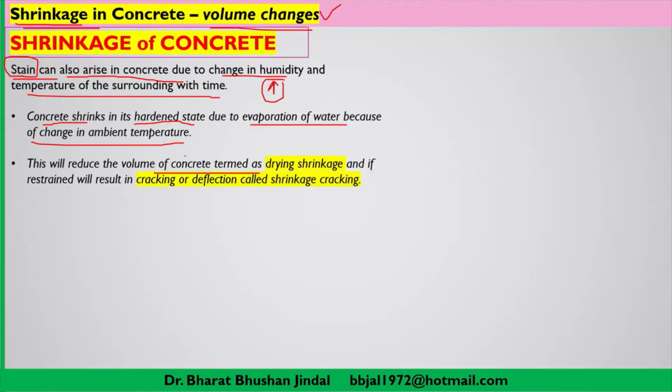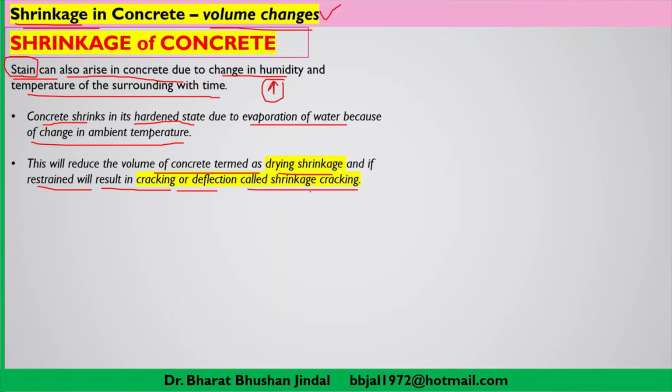When water is evaporated, the volume of concrete will reduce, and due to that some drying shrinkage will take place. And if that particular structural element is restrained to shrink, then what will happen? There will be cracks or deflection, and that type of cracks are known as shrinkage cracks.